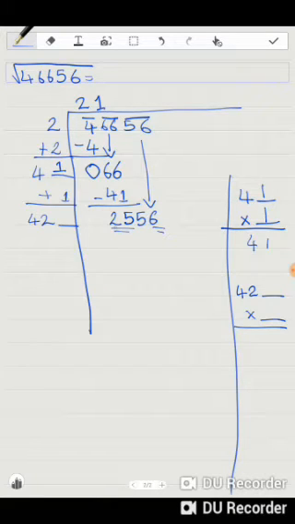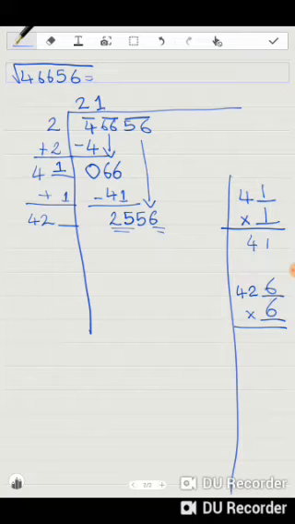So if I look at the first two digits, 25, then 4 6s are 24 is the closest. And I look at the last digit. So what digit multiplied by that same digit will give you a number ending in 6? It could be either 4 or 6, because 4 4s are 16, 6 6s are 36. But 6 is a better option because 6 4s is 24, which is closest to 25.